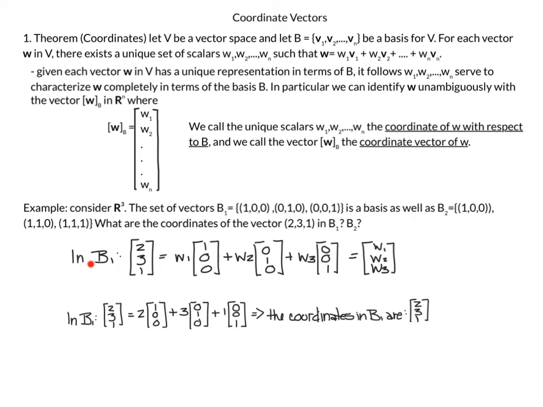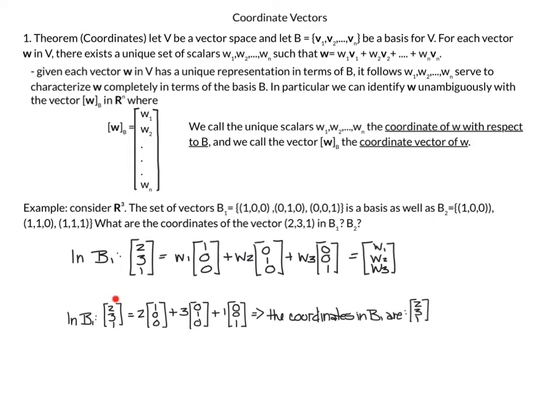So looking at B1, we want to rewrite the vector 2, 3, 1 as a scalar times our first basis vector plus a scalar times our second basis vector plus a scalar times our third basis vector. When we multiply and add these, what we get is W1, W2, W3. So W1 is going to equal 2, W2 is going to equal 3, and W3 is going to equal 1.